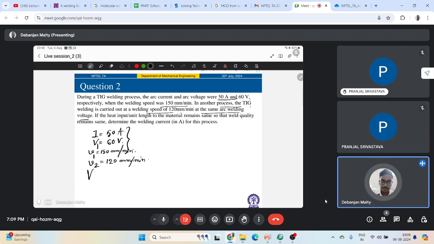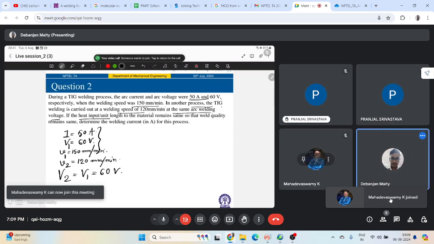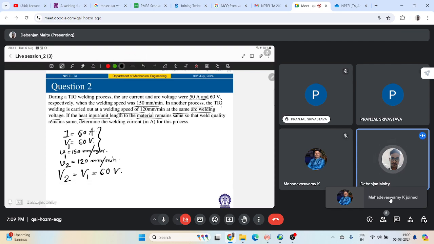So V1 and V2 remain the same. Now it simply asks me, if the heat input per unit length to the material remains the same, so that weld quality remains the same, I need to determine the welding current for this process, right?